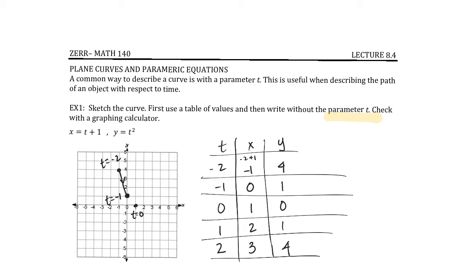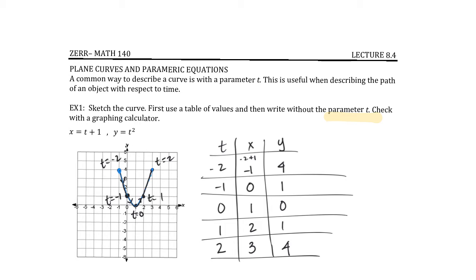And then we go to 2 for x and 1 for y, and that was at t equals 1. And then we go to 3 for x and 4 for y, and that was at t equals 2. And so what we get is this parabola moving from this point at t equals -2, and it's moving over through time, and then ends up back up at the point x equals 3, y equals 4.